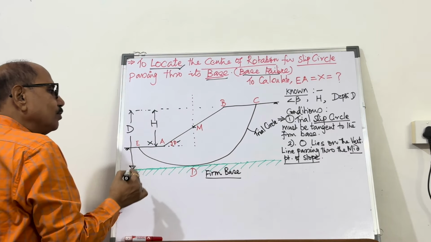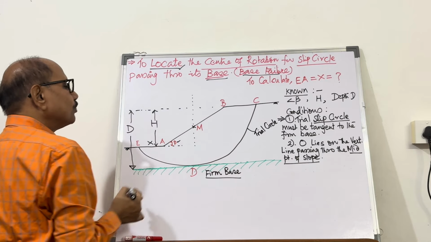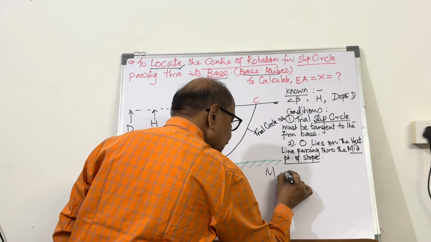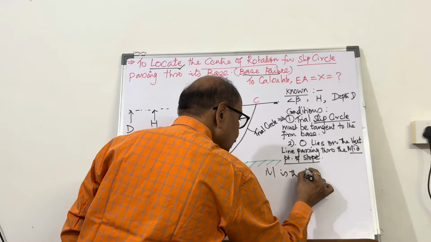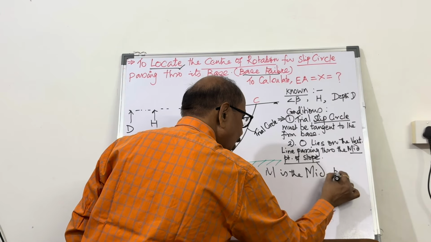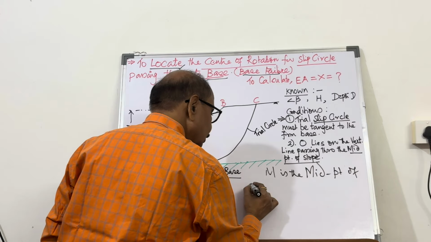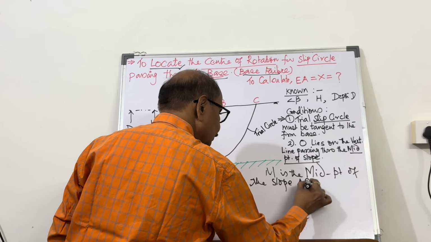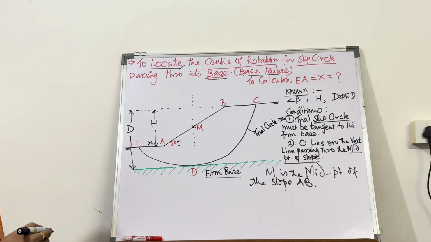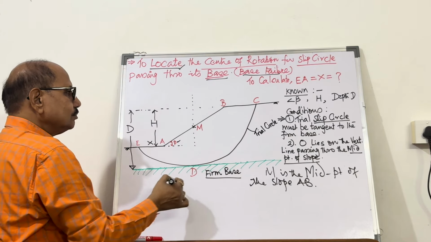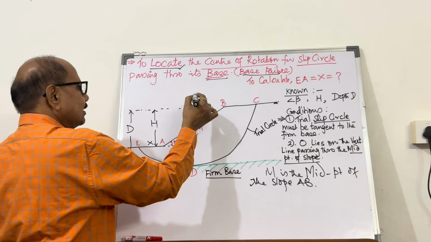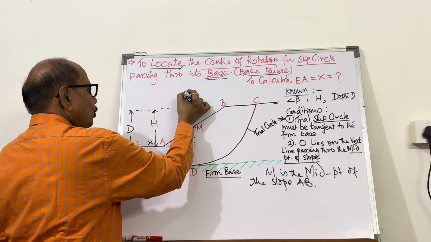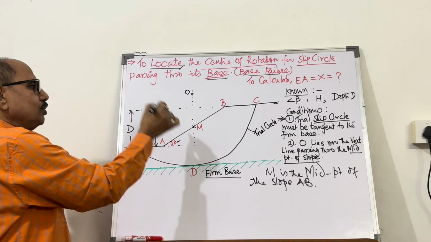So AB is a slope, the midpoint is M. So M is the midpoint of the slope AB, and this is the vertical. So O is going to lie on this vertical itself. The center of rotation O is going to lie on this.